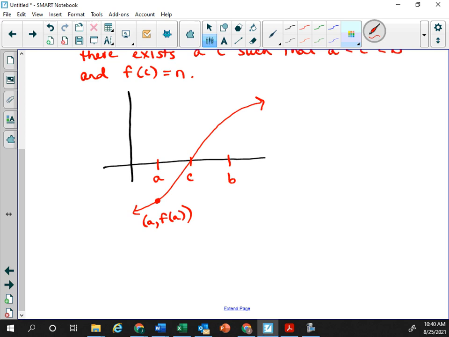So this point in the middle here would be C, f of C. And if I label this guy up here, B, f of B. It's just another way to write your y values.